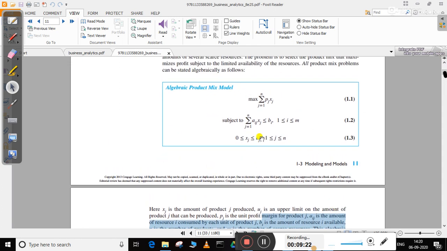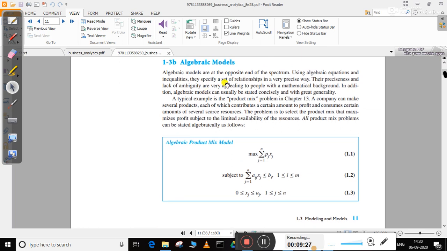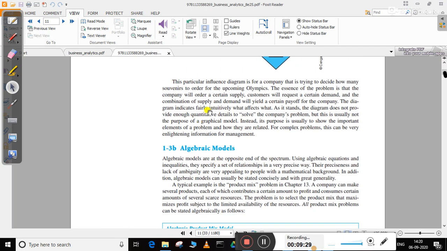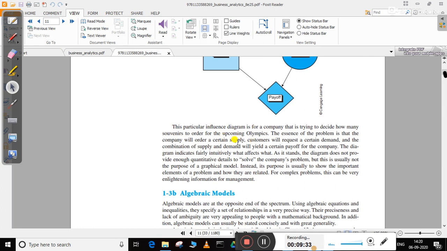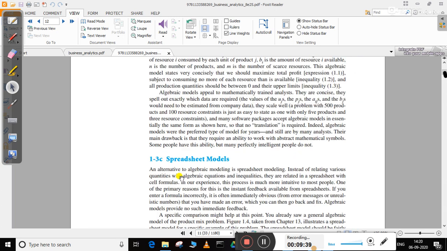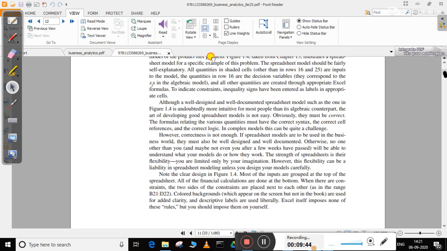So this is one of the examples I wanted to discuss with you today in this video, of how we can create different types of models to understand the business, to create profit in the business, to analyze the data and the information. There is another one, the spreadsheet model also. Kindly go through it. This is your homework.